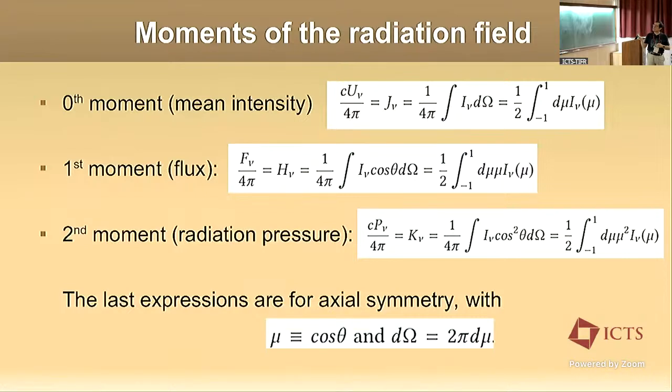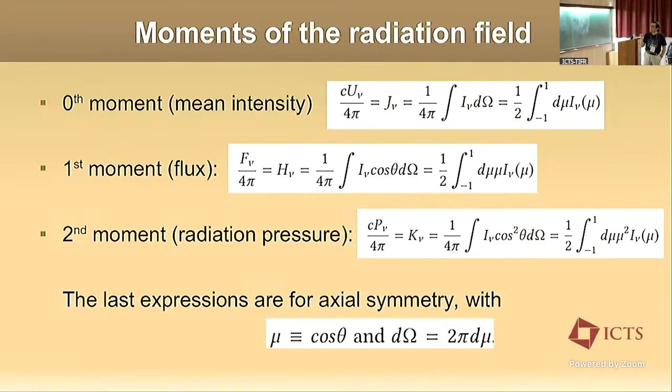And this thing, if you compare to the formula before, is usually called J nu, by the way. This is the average intensity regardless of direction, and it's related to the energy density of the photon field with some normalizing factors which make the units correct.